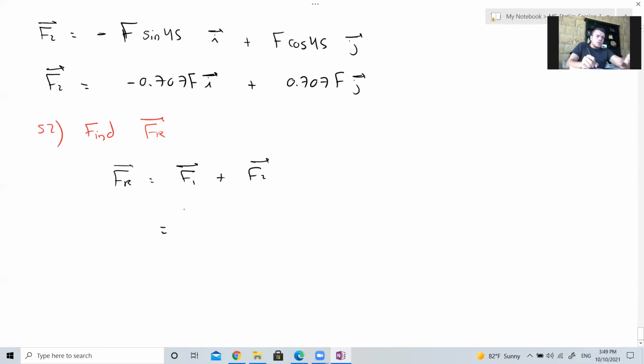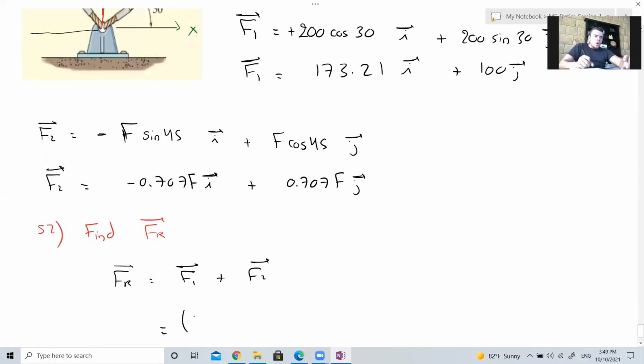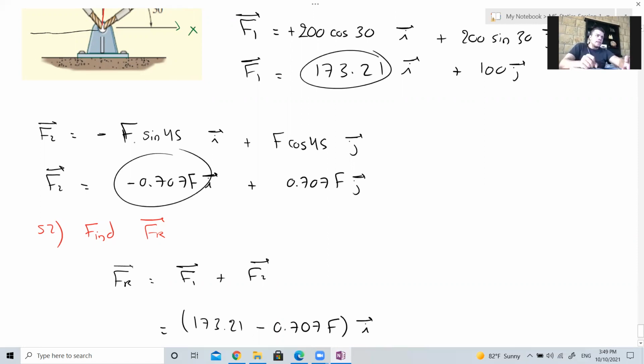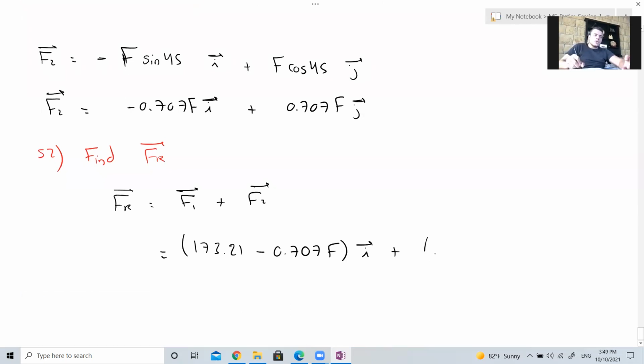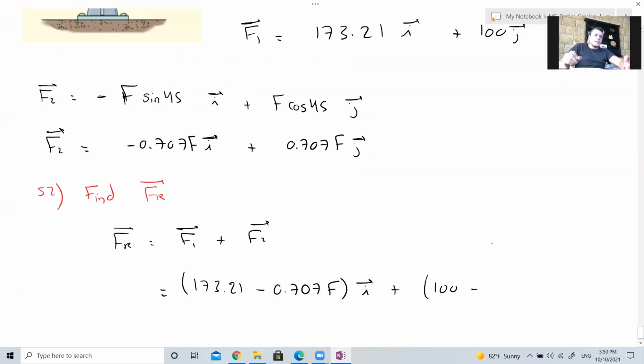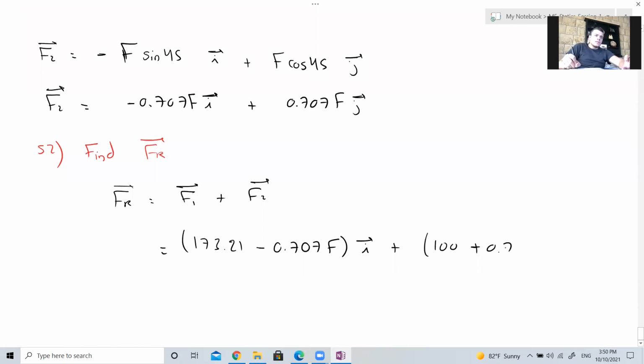Yes. So it is 173.21 minus 0.707 F I, اللي هي جماعة هيدي مع هيدي. Yeah. plus 100 plus 0.707 F j.